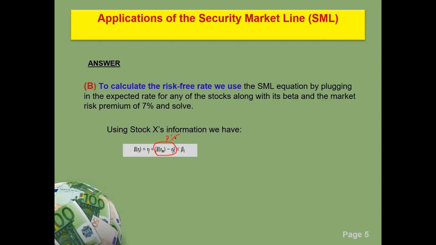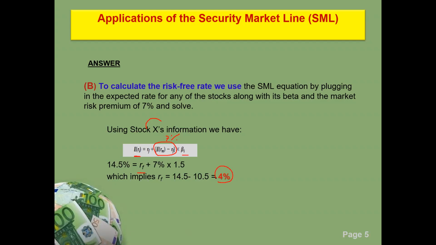If we take any of the stocks, let's say stock X, we already have the expected return and the beta, so we plug in those values. In the equation only RF is left, and when we solve it, we find RF easily, which is 4%.